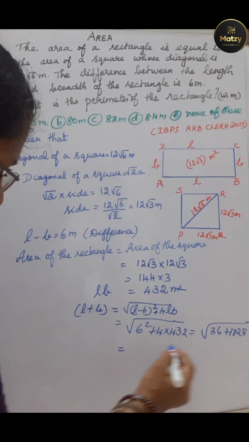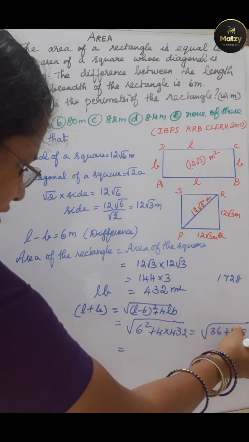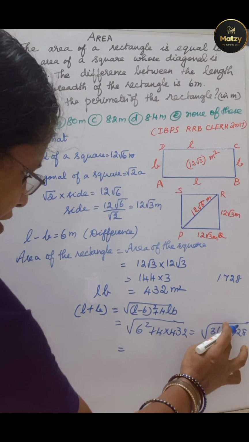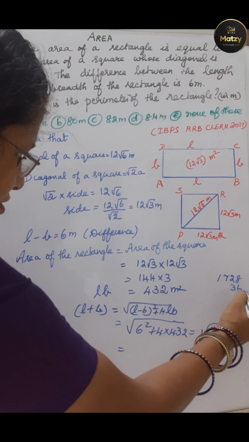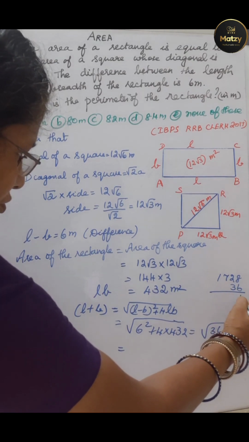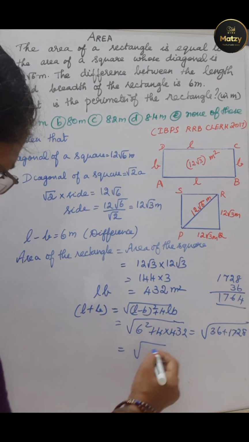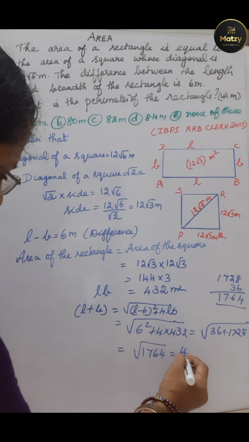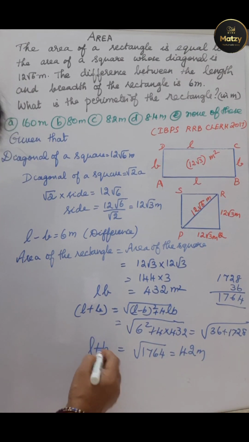Okay, I am adding these two: 1728 plus 36 is 1764. So the square root of 1764 is 42 meters. That is L plus B.